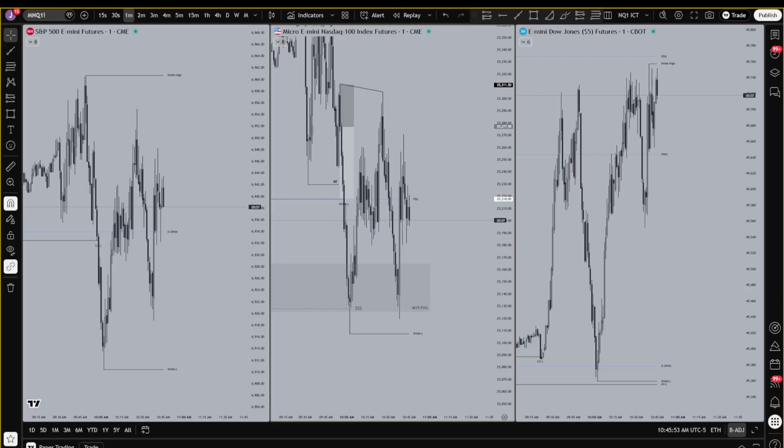The 5-minute ES chart with that fair value gap. 6:45.